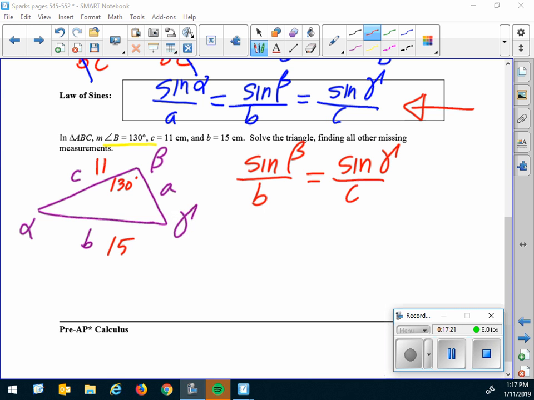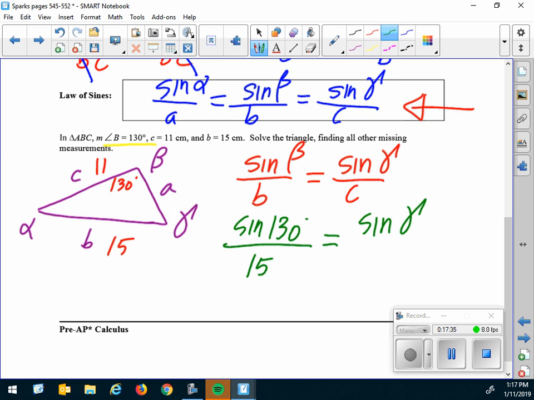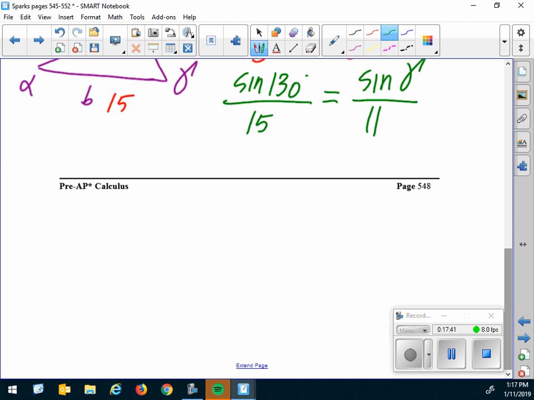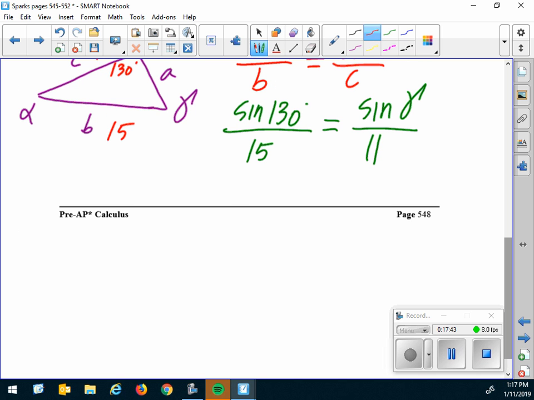Now let's fill it in. Beta is 130 degrees, so this is sine of 130 degrees divided by B, which is 15, equals the sine of gamma, I don't know gamma, over C, which is 11. Cross multiply. Law of sines is super easy to use.